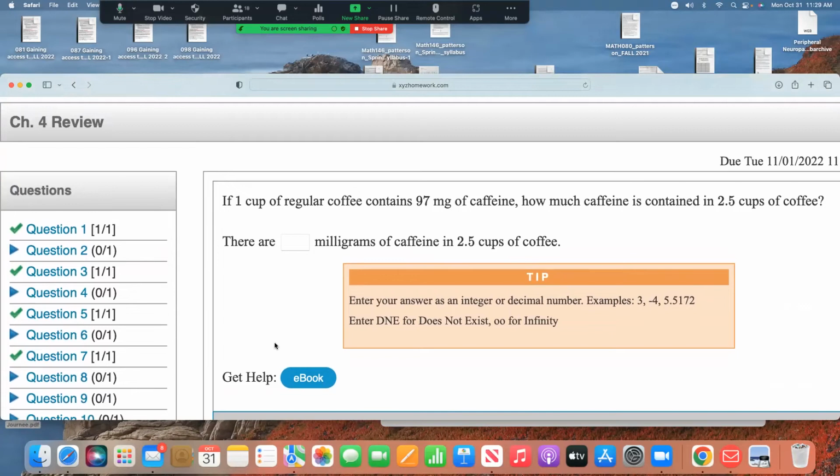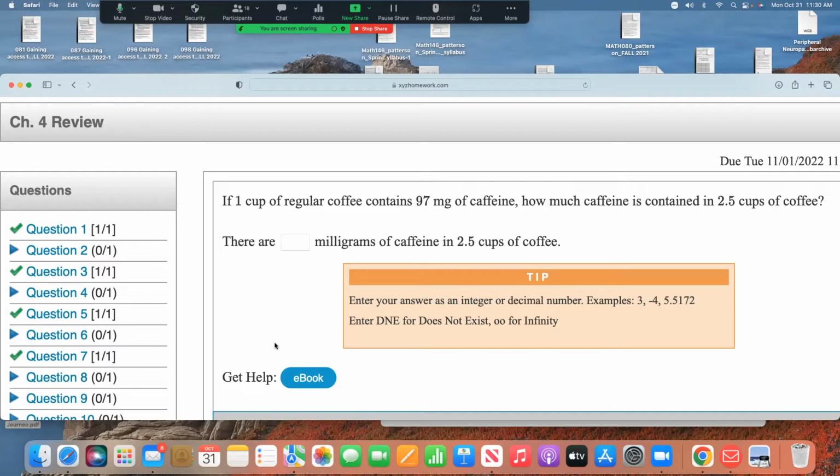Okay, the whole thing here is having to do with what you have to do. So this is the word problem. If 1 cup of coffee, and that's true actually, contains 97 milligrams of caffeine, how much would be in 2.5 cups?